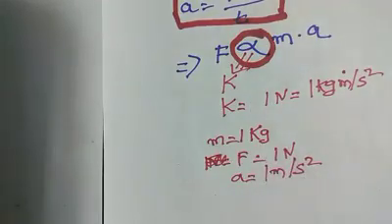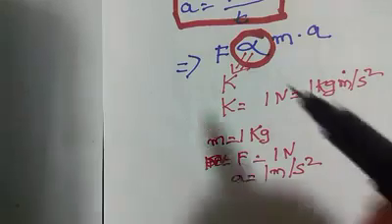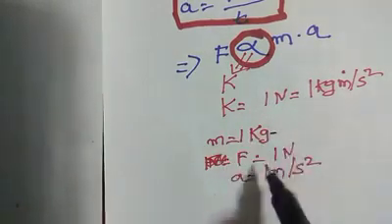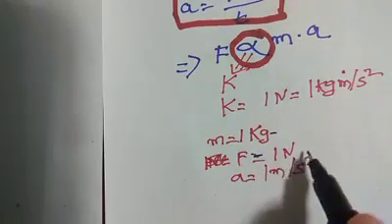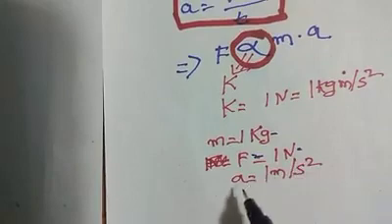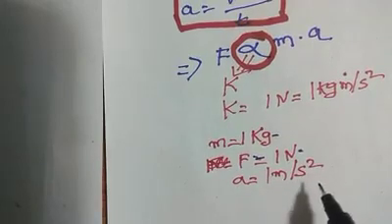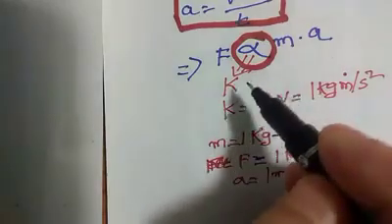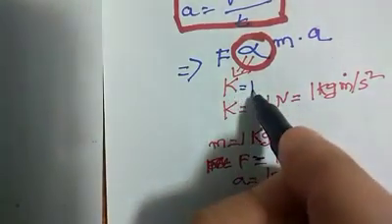So the basic idea of the physicists, in order to replace the proportionality sign with a constant k, is to give mass a single 1 kg, force 1 Newton (we are not going further into deriving Newton), and acceleration 1 meter per second square. So 1 multiplied by 1 multiplied by 1 gives k equals 1, right?